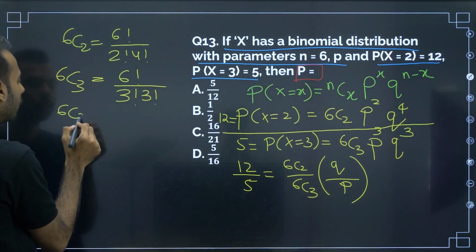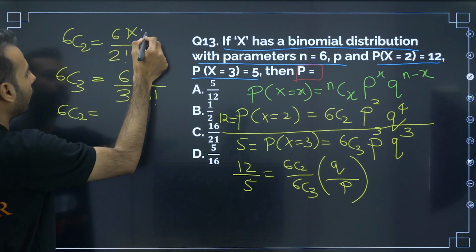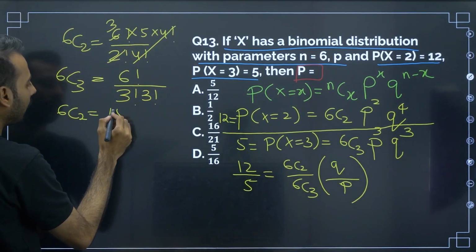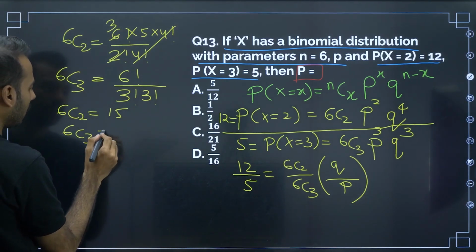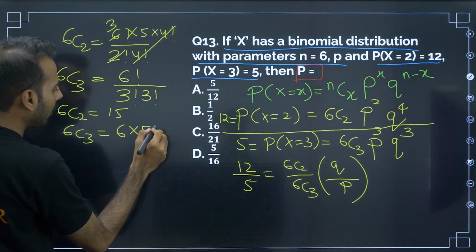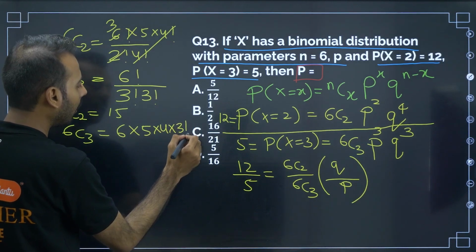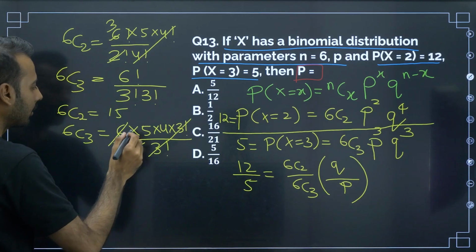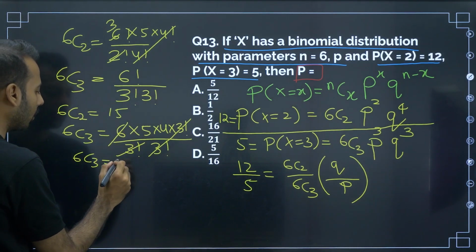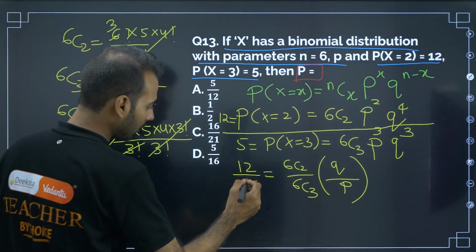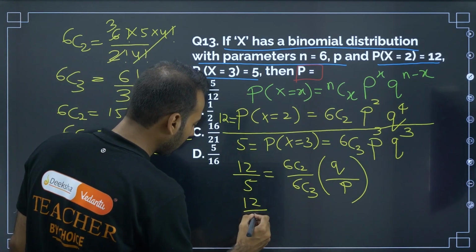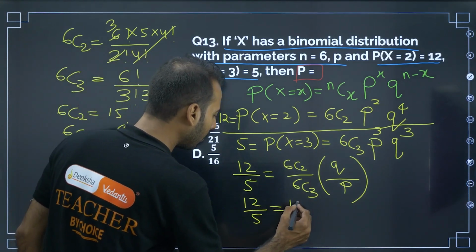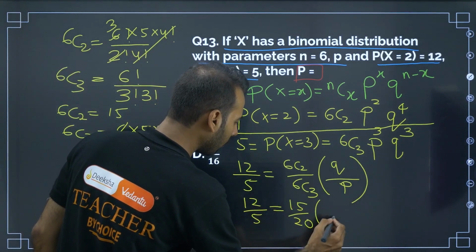So 6C2 is 6 into 5 into 4 factorial over 2 factorial 4 factorial, which is 15. 6C3 is 6 into 5 into 4 into 3 factorial divided by 3 factorial 3 factorial, the 3 factorial cancelled. So 6C3 is equal to 20. So 12 by 5 is equal to 15 by 20, q by p.